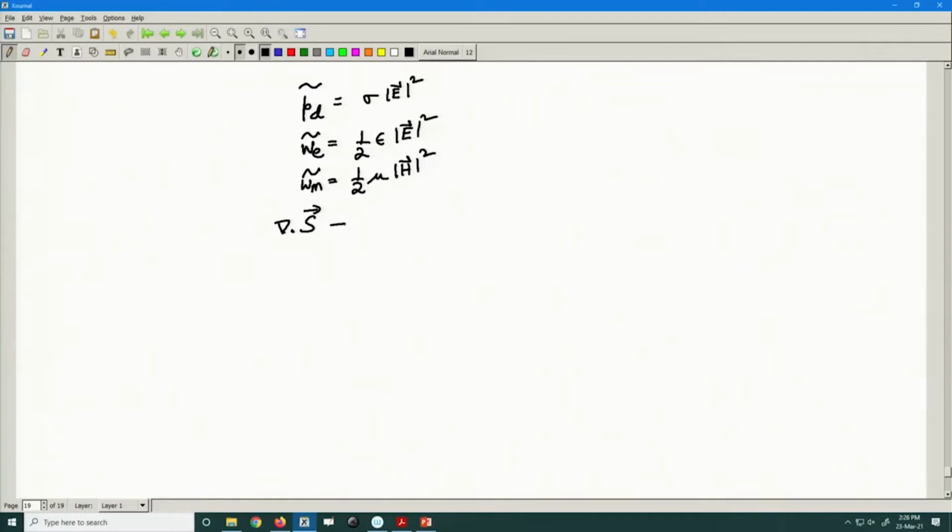divergence of S plus mod E square (sigma minus j omega epsilon) plus E dot J I star plus mod H star square j omega mu plus H star dot M I is equal to 0.